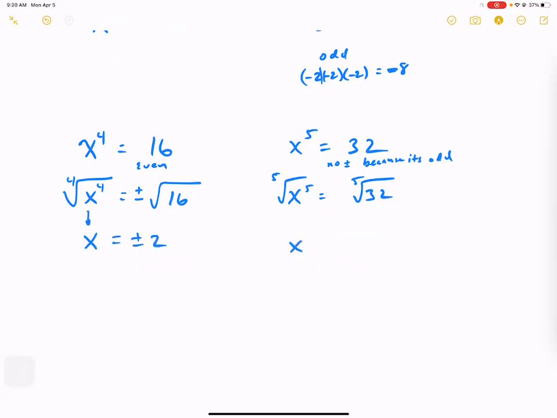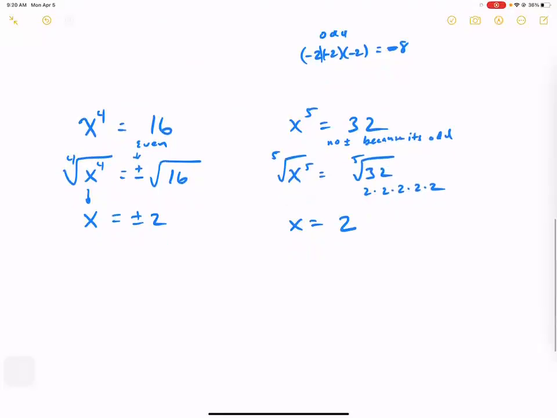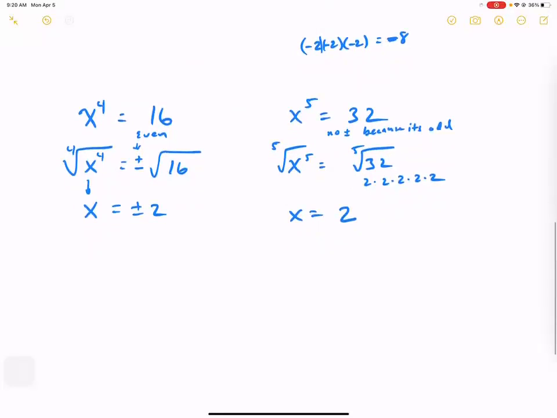And this is x is 2 times 2 times 2 times 2 times 2. That's 32. 4, 8, 16, 32. So big note is we do include the plus and minus when it's even, but if it's odd, we do not. Okay, we do not. Hopefully that makes sense.